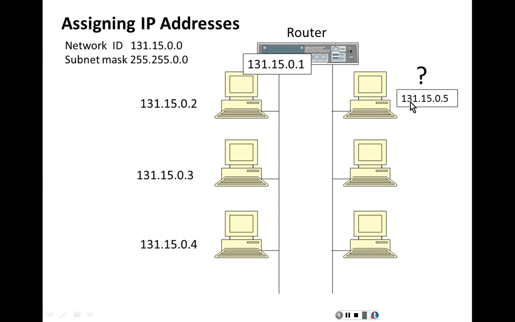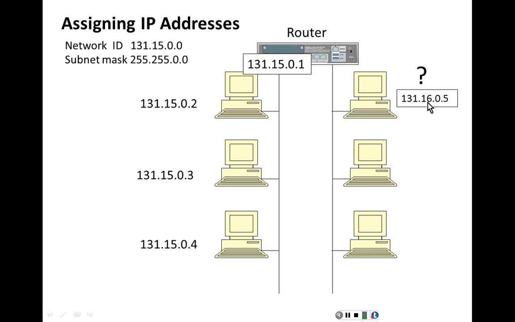Now, if I assign this one 131.15.0.5, I can't do that because this is already network 131.15, and I can't have two networks which have the same network ID. So can I make it 16? No, I can't make it 16.